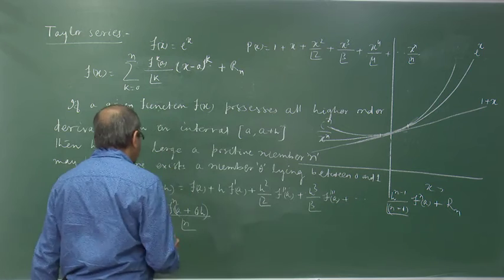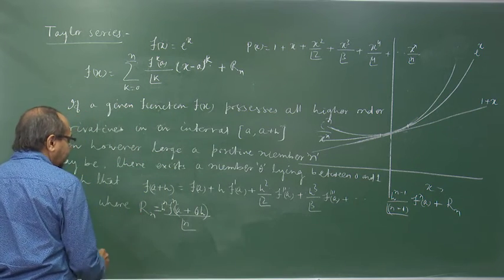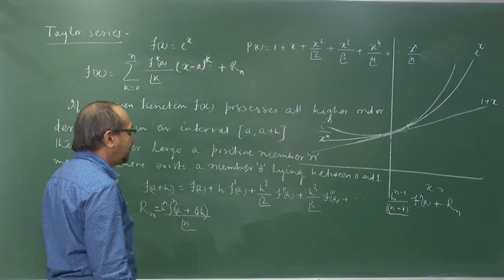And this remainder R n is often called the Lagrangian remainder.